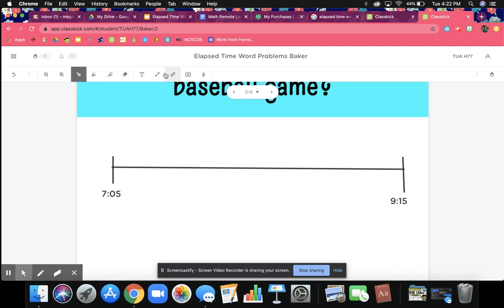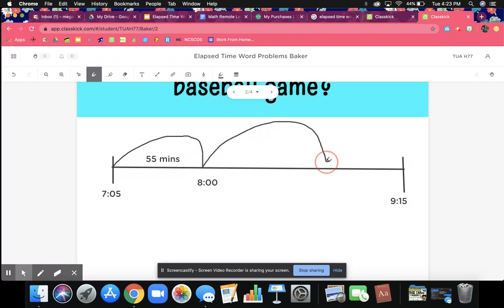So it started at 7:05. I want to get to the whole number hour, so I'm going to jump 55 minutes because I know that 55 minutes gets me to 8 o'clock. Then I'm going to jump an hour, and that's going to get me to 9 o'clock. And then I'm going to jump 15 more minutes. And that gets me to 9:15.